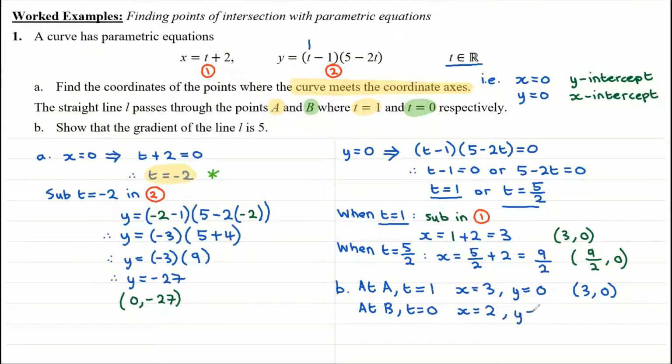And y, now if we put 0 in, we're going to have negative 1 multiplied by 5 subtract 0, which is just 5. So that's going to be equal to negative 5. So that means we're going to get the coordinates 2, negative 5.